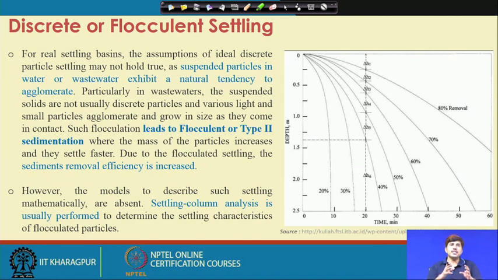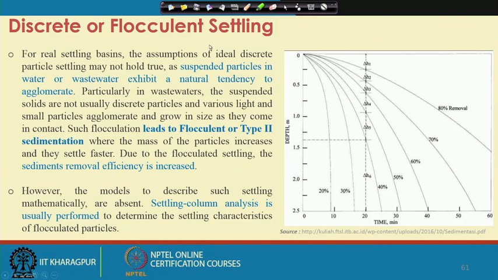So, settling may not be the discrete type 1 or ideal settling which we have been discussing so far, it may be flocculent type settling. Flocculent type settling is better because settling velocity increases and we can get the particles to settle in a lesser amount of time. So, that is in fact not a bad thing to have.